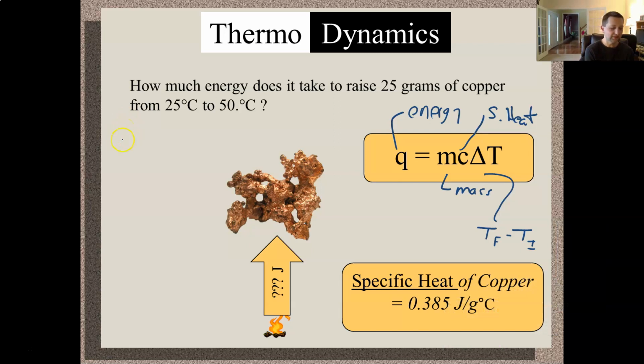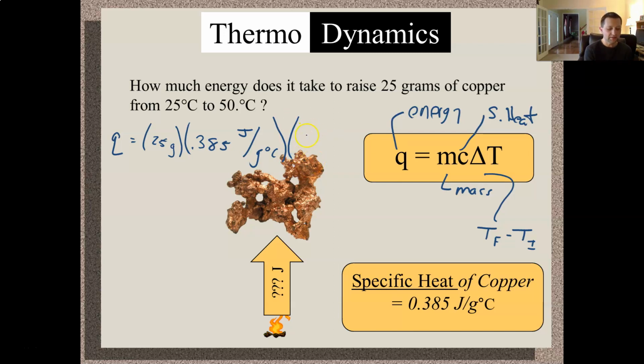Q equals MC delta T. Q equals M, so your mass is 25 grams, specific heat 0.385 joules per gram degree Celsius. It's really, really important to include your units in your calculation. I'm all about that ever since Chem 1. We need to continue that here so we can see what units cancel to make sure our answer makes sense.